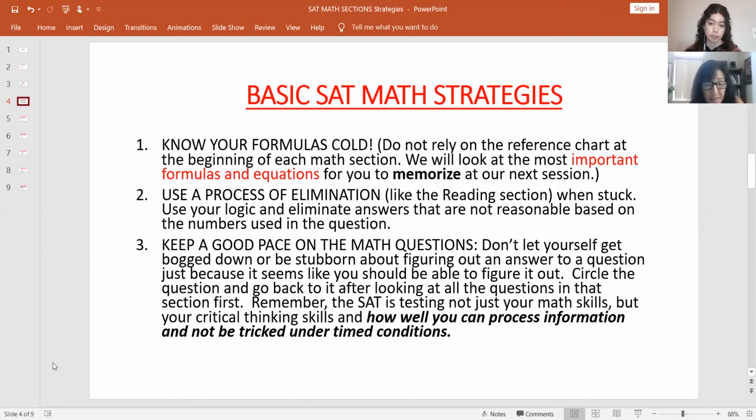Remember that the SAT is testing not just your math skills, but your critical thinking skills and how well you can process information and not be tricked under timed conditions. Many times I have a student say, I knew I could figure this one out, and then I didn't get to the last 5. Chances are that person may not have gotten that answer correct after all, and then they definitely missed 5 questions at the end.